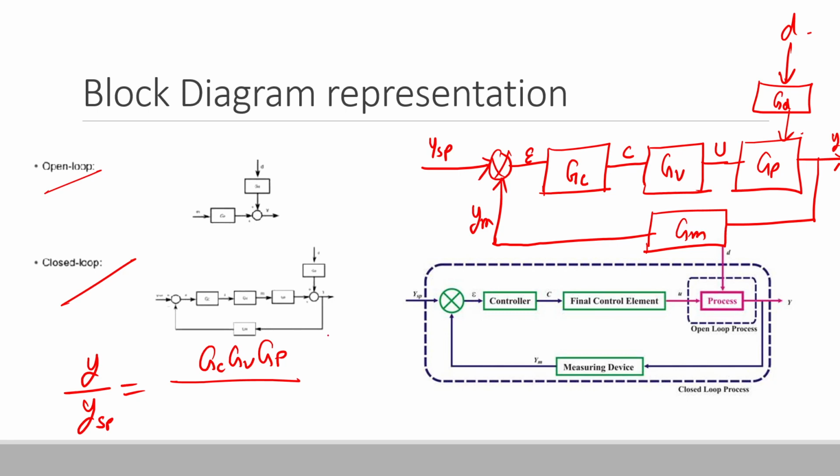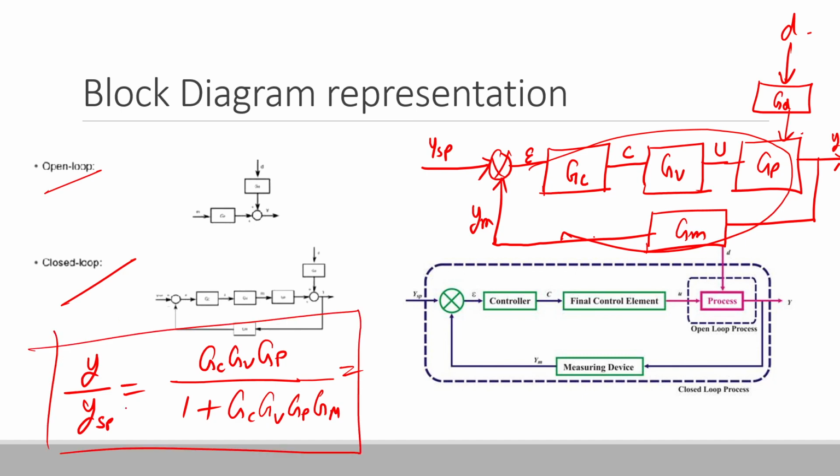So ultimately it will become 1 plus the product of each of these three transfer function blocks. So this is just a simple way to remember the transfer function. So this entire expression is known as the transfer function of this block diagram representation, and the denominator is called the characteristic equation.